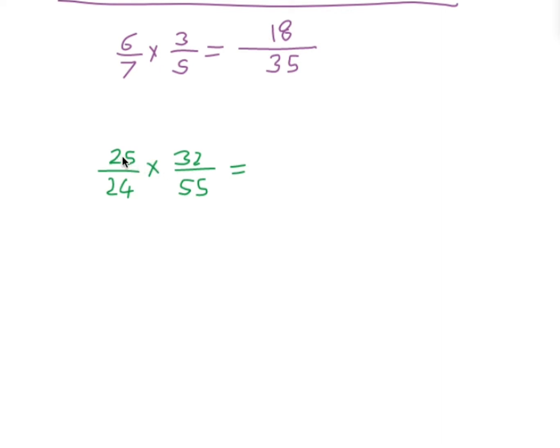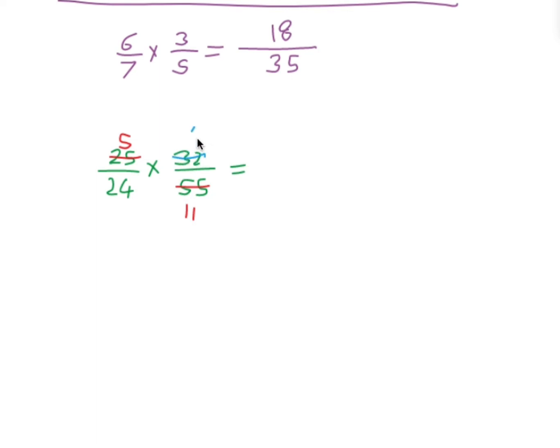So 25 and 55 have a common 5, so both divide by 5. 5 times 5 is 25 and 5 times 11 is 55. And now 32 and 24 both have a common 8.